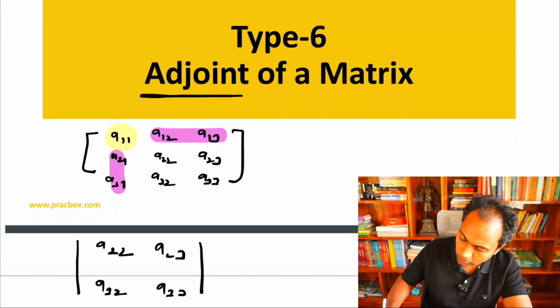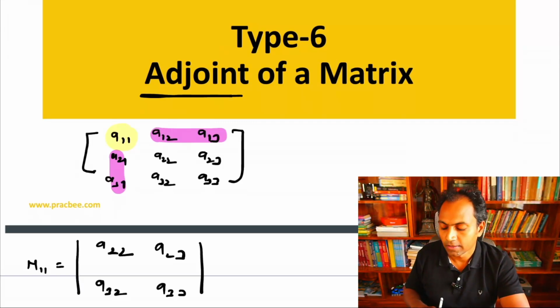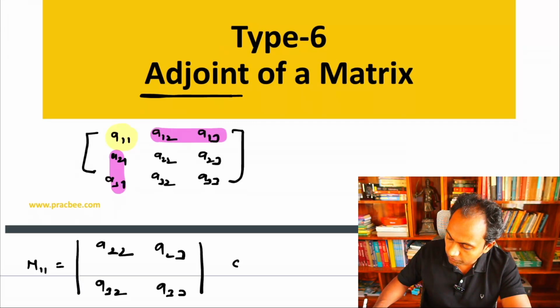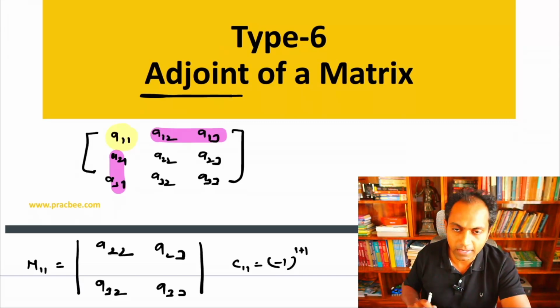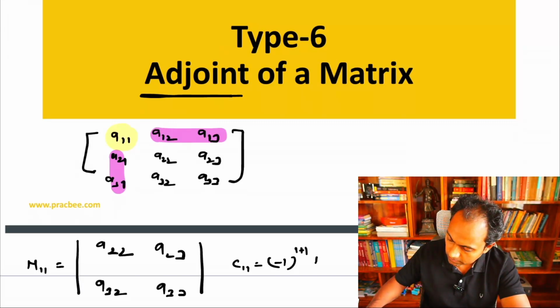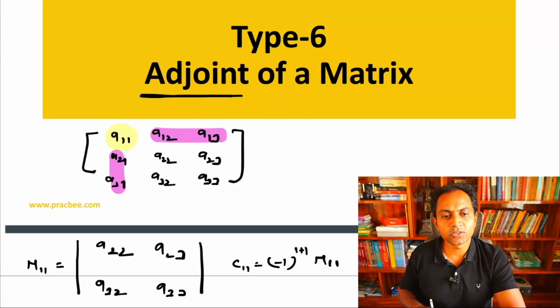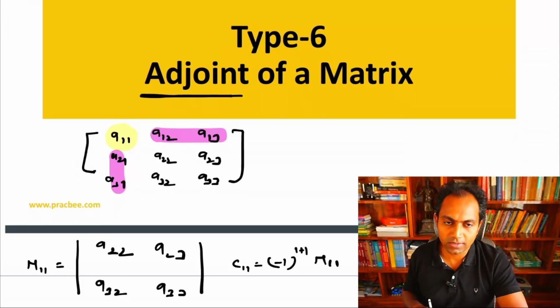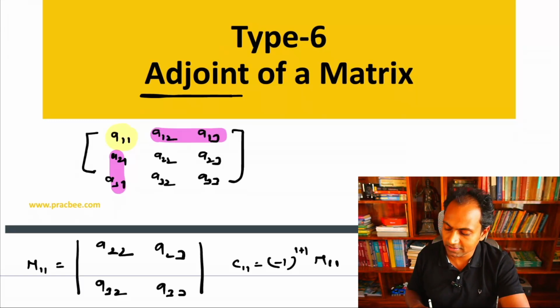Then this thing would be called nothing but a minor. So this will become M11. And if I want to find a cofactor C11, it is going to have one more term, minus 1 raised to the power i plus j, that is the row and column of the element, times M11. So this is the concept of minor and cofactor that is there in the chapter of matrices and determinants.